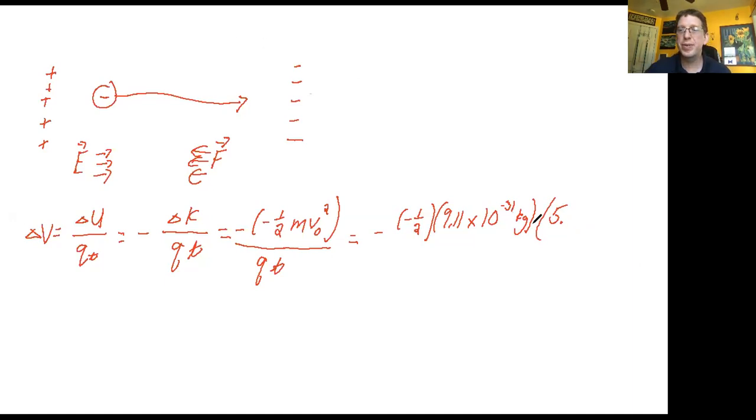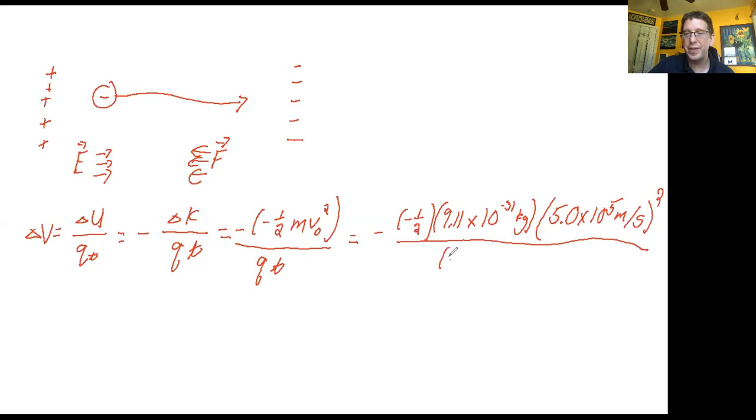So 5.0 times 10 to the 5 meters per second, and don't forget, you're squaring this. So it loses that much kinetic energy, which means it gains that much potential energy, and you're dividing by q, and the sign matters.